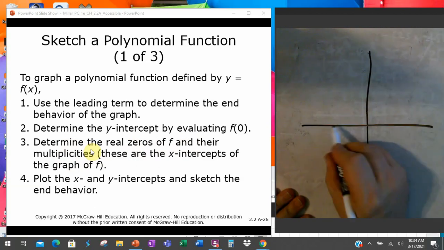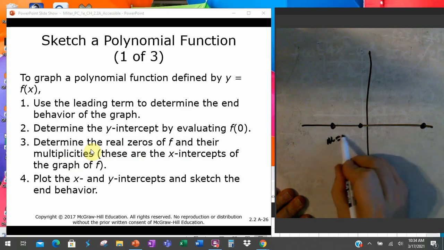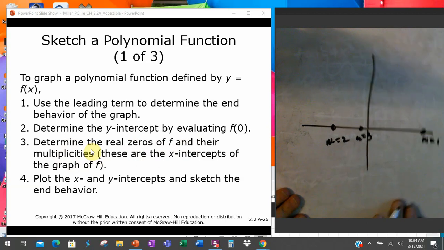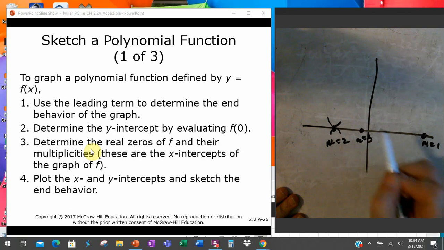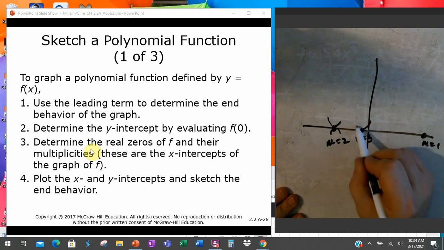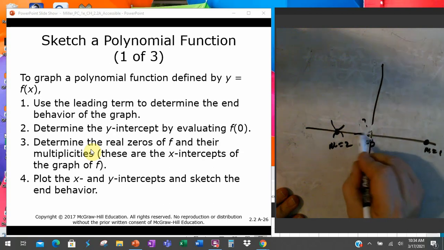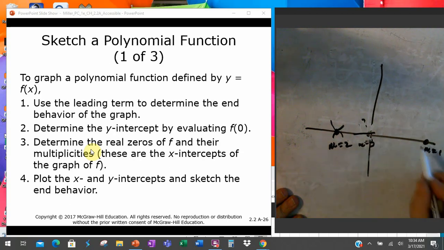Once I have here's my 0, here's my 0, here's my 0, I want to go back and note the multiplicities. For multiplicity 2, it would look like that, touching and coming back the same way. And multiplicity m equal to 1 is either going to be straight through this way or straight through this way.